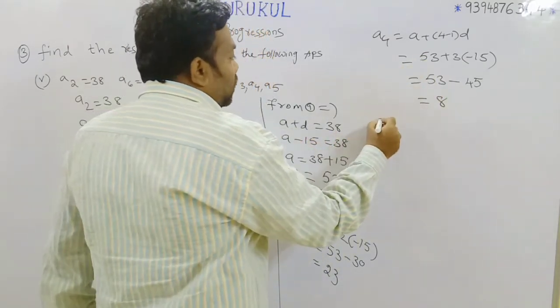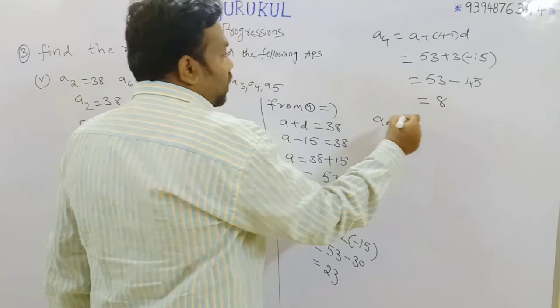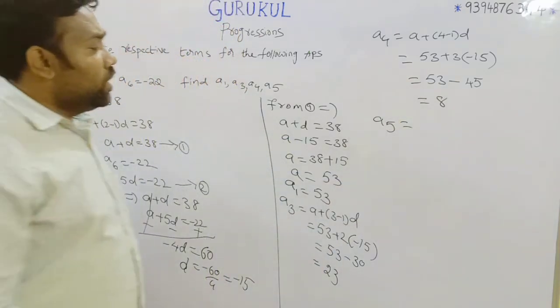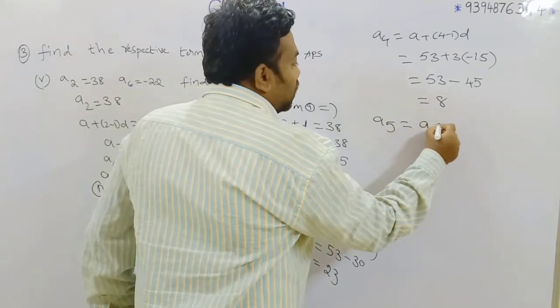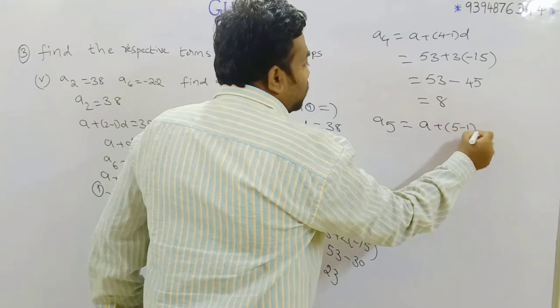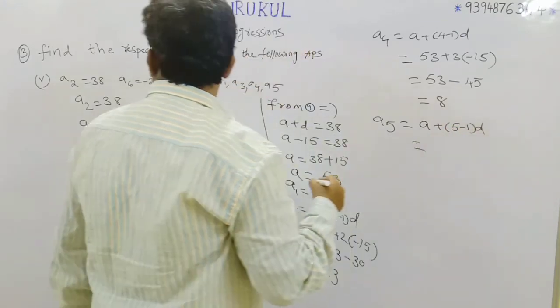Next, a5. a5 equal to a plus 5 minus 1 into d. What is the a value?